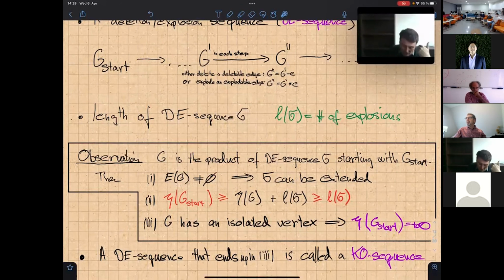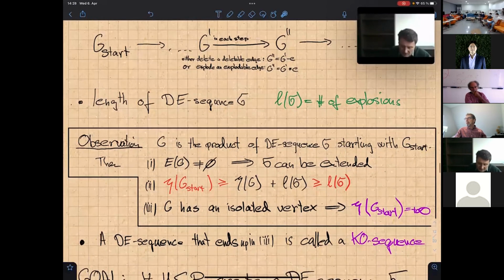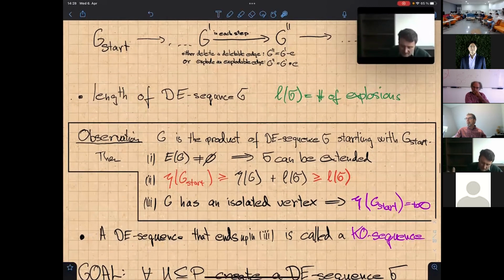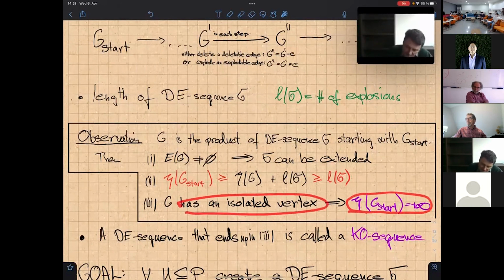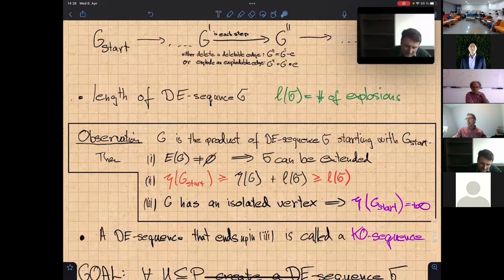So our goal is to define a deletion-explosion sequence that ends up long. Either it is a sequence which ends up with a graph with an isolated vertex, or it has many explosions. And that's how we show that eta is large. Unfortunately, I do not have time to show you more.